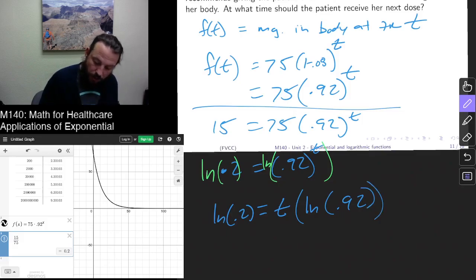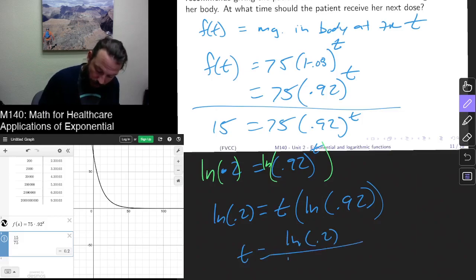Remember that's using our power rule right there. Next up, we divide by the natural log of 0.92 as a number, so t equals the natural log of 0.2 divided by the natural log of 0.92.